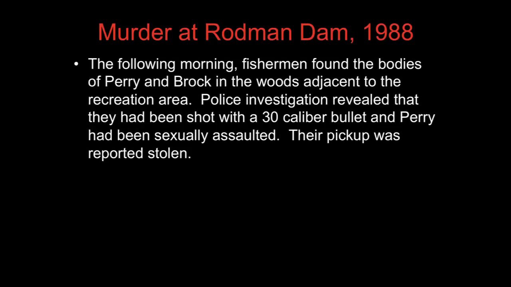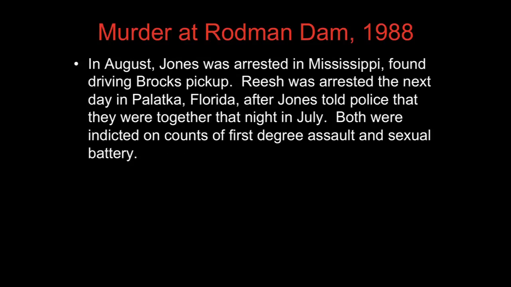The following morning, fishermen found the bodies of Perry and Brock in the woods adjacent to the recreation area. Police investigation revealed that they'd been shot with a .30 caliber bullet, and Perry had been sexually assaulted. Their pickup was reported stolen.